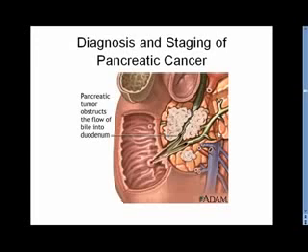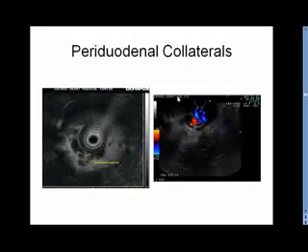A lot of our referrals are made for diagnosis and staging of pancreatic cancer. Often we only initially see the smoke of the fire, in other words, an indirect sign that there might be a mass or an abnormality.